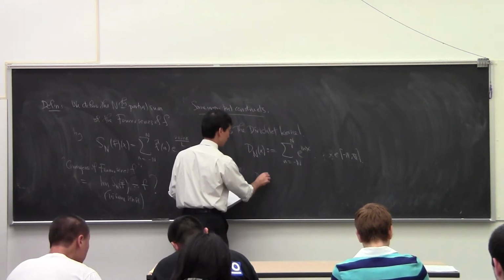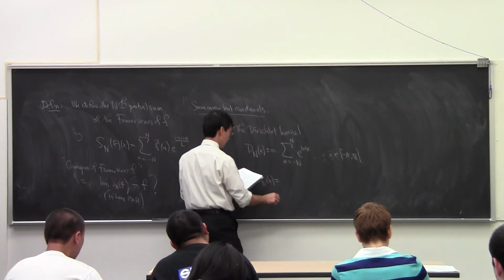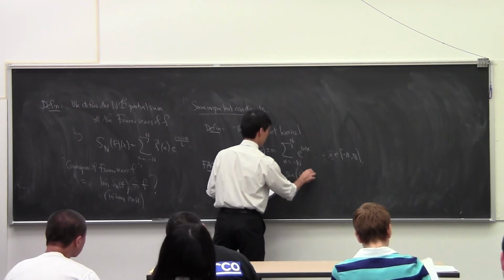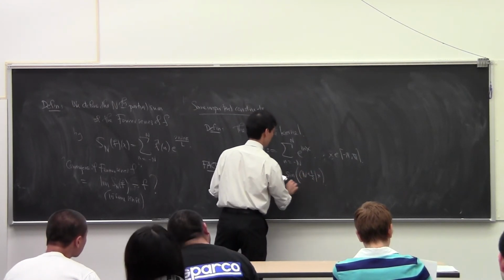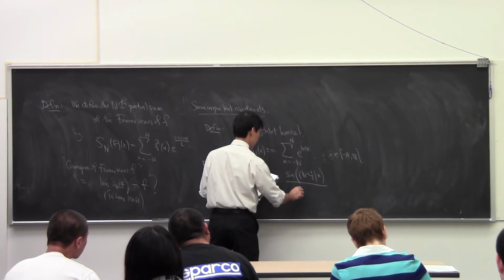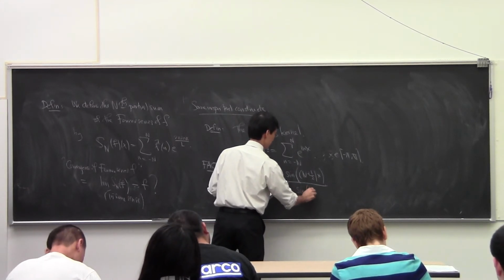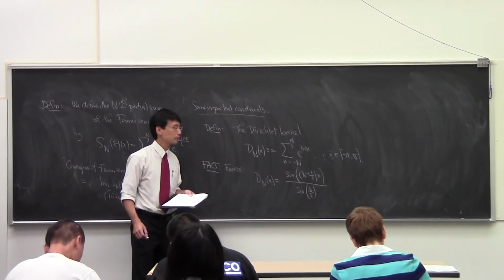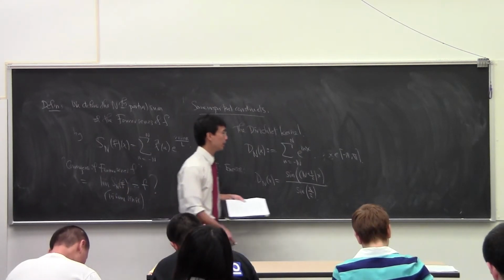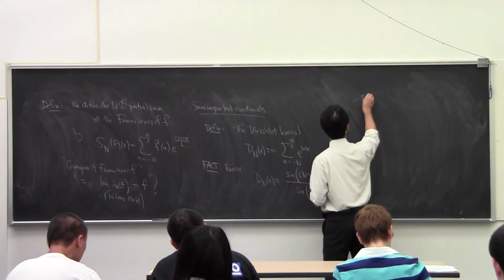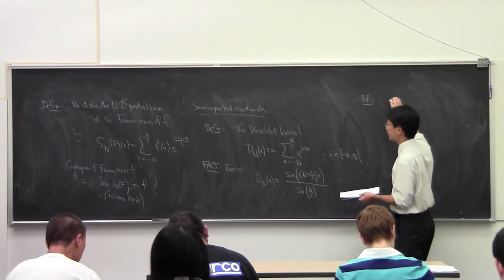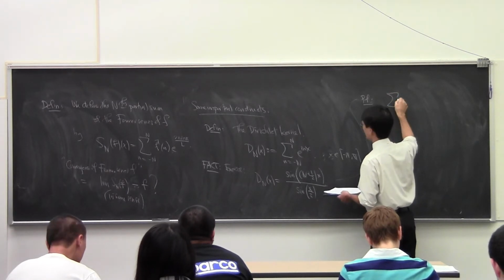This is a fact, or an exercise: there's a closed form expression for the Dirichlet kernel. Namely, it turns out to be sine of (N plus a half) times x, over sine of x over 2. The proof is in your book.